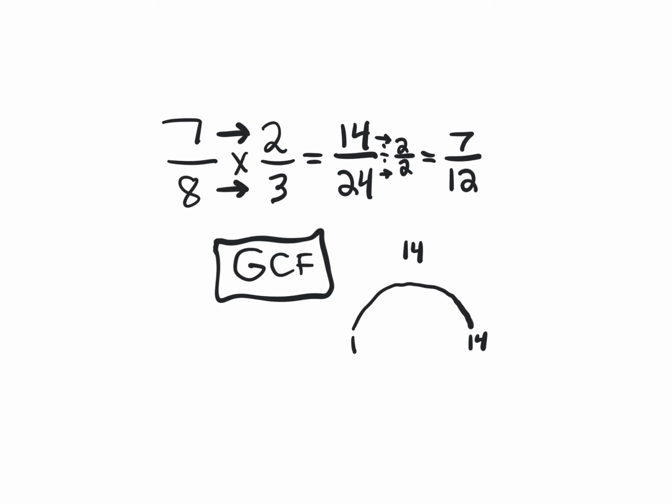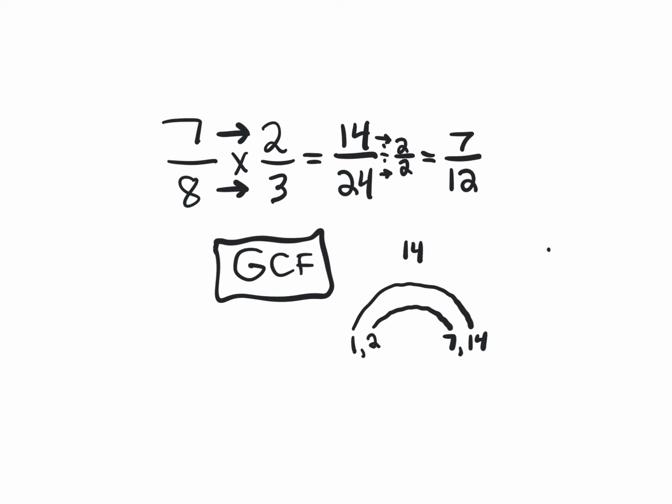And then we think about the number 2. 2 times what equals 14? 2 times 7 equals 14. And then I think about 3. There's nothing that multiplies 3 to get 14 as far as whole numbers go. And 4, 5, 6, nope. And then we're back at 7. So these are the factors of 14.